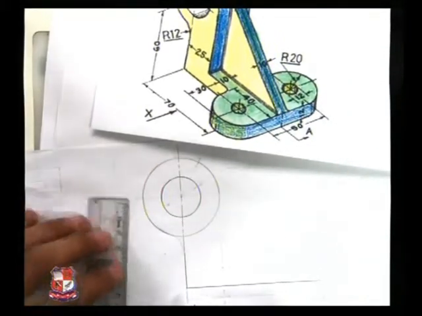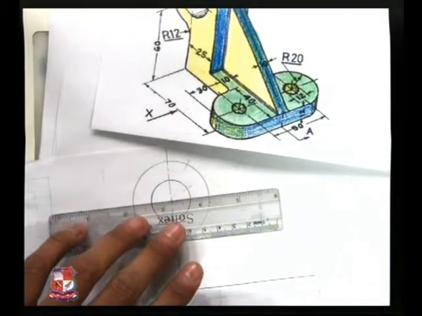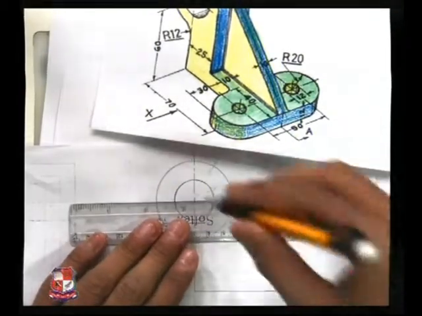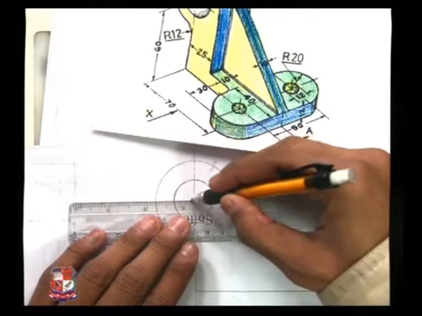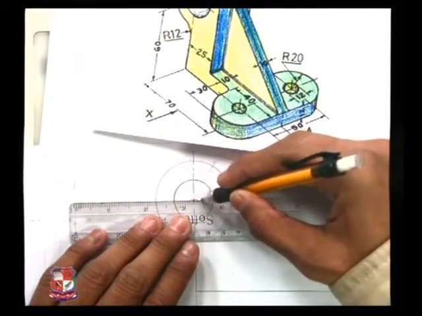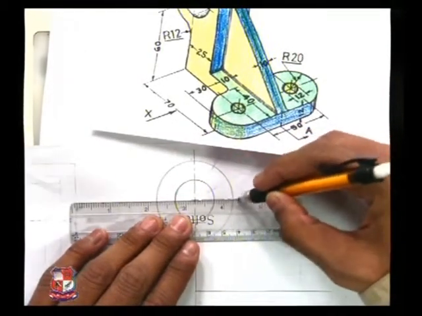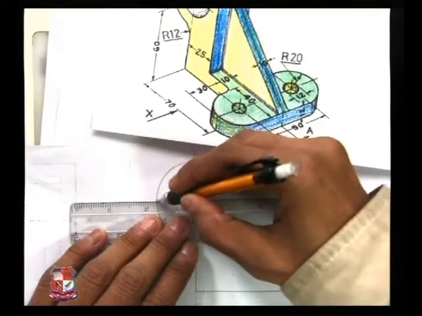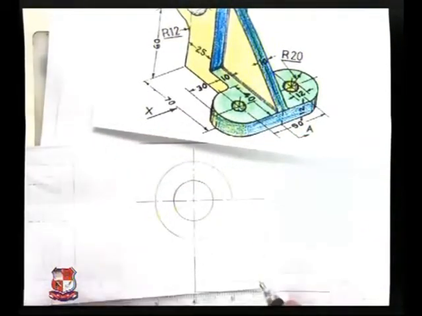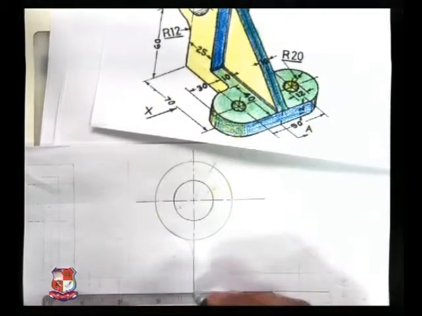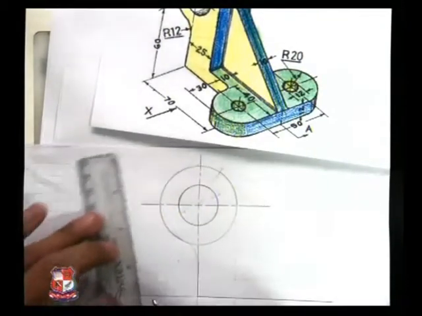This distance between this axis and the base is given to us. You can insert that dimension in this figure like this.